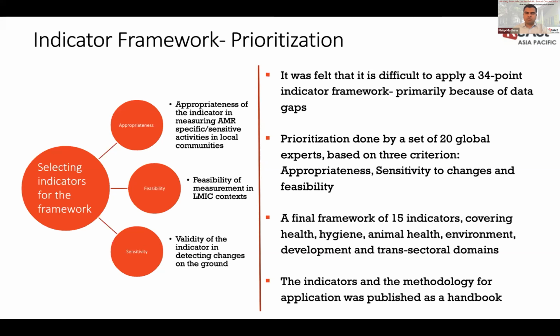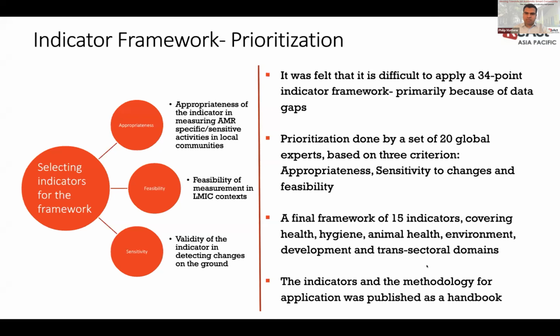We didn't want an indicator which cannot measure changes. If there is any specific activity directed at that particular domain, the indicator should be able to measure the change. And we came out with a list of 15 indicators covering health, hygiene, animal health, environment, development, and even a sprinkling of transsectoral indicators covering multiple domains together.